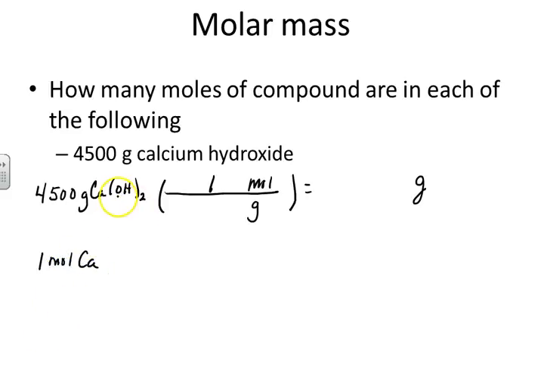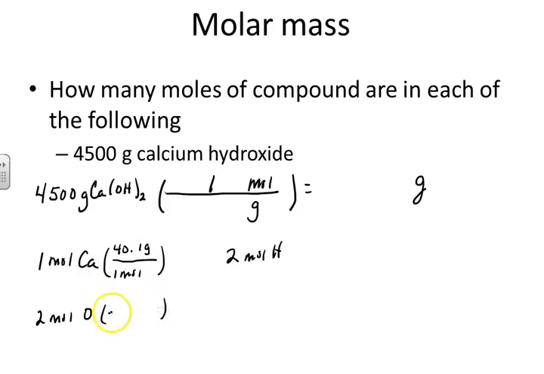We've got 2 moles of oxygen. And we've got 2 moles of hydrogen. So for calcium, every 1 mole is 40.1 grams. For oxygen, every 1 mole is 16 grams. And for hydrogen, every 1 mole is 1.01 grams.